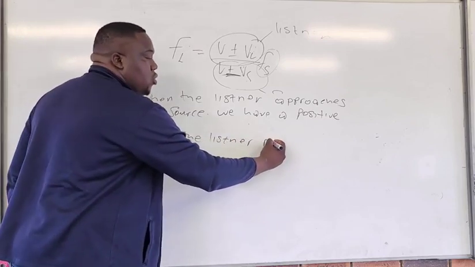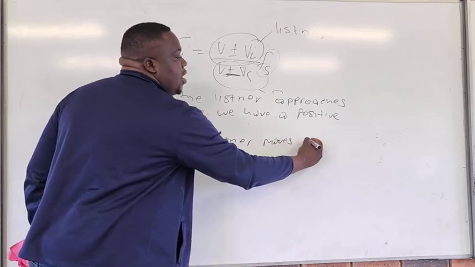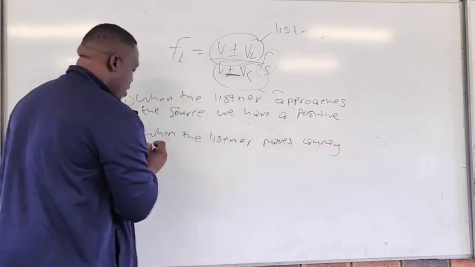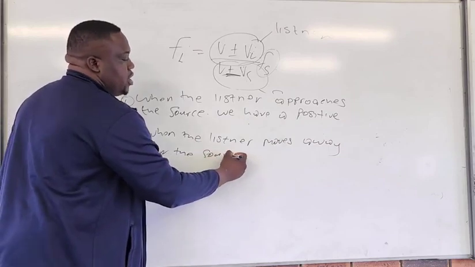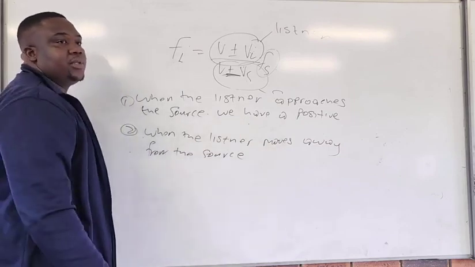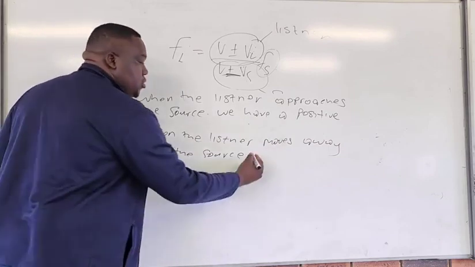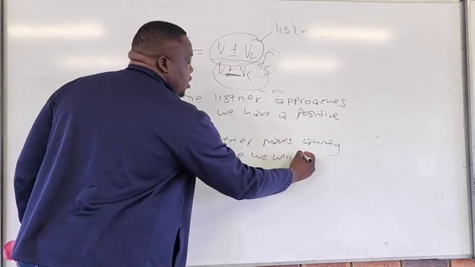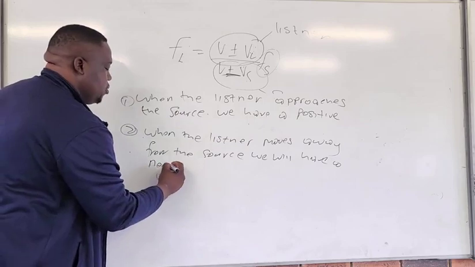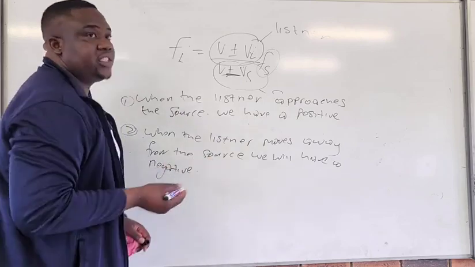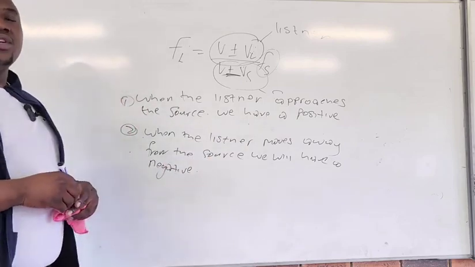Number two, when the listener moves away from the source, it means we will have a negative. So it's just the opposite of the source.